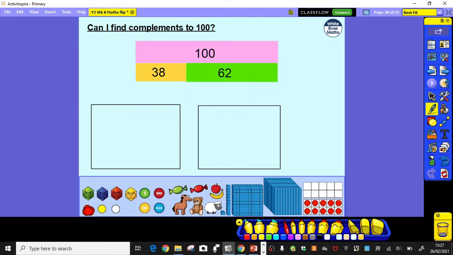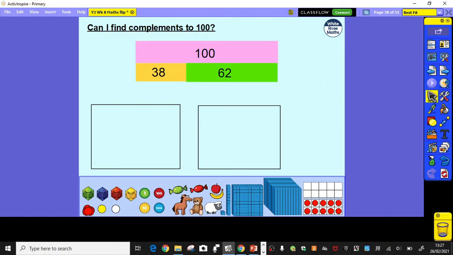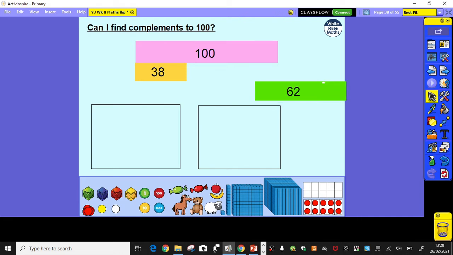Now, what we can do is use those three numbers to make a range of number sentences. And this is called commutativity. So if I've got 100 and I take away 38, what am I left with? Well, it's easy to see, isn't it, on the bar model? It's 62. And just in the same way, if I take away 62, so 100 take away 62, I'm left with 38.